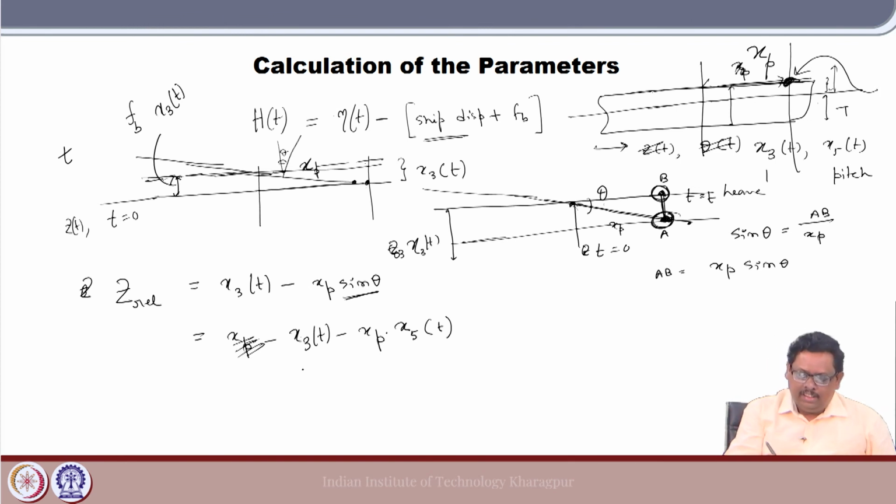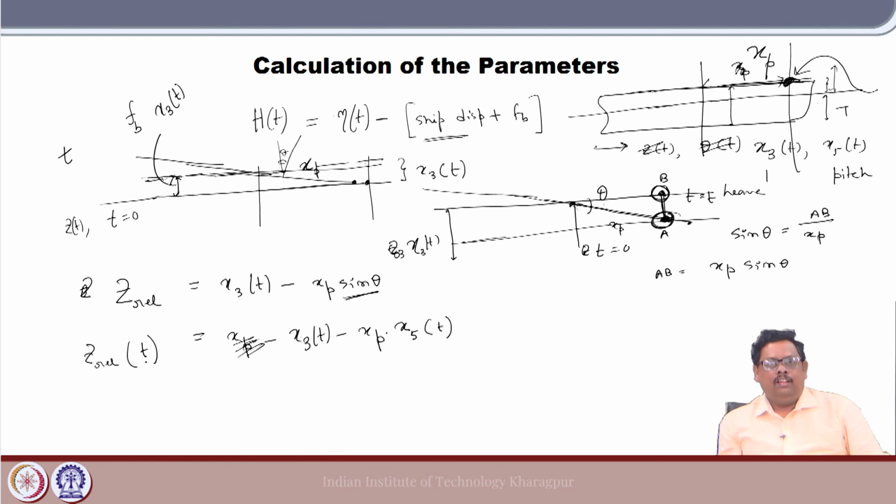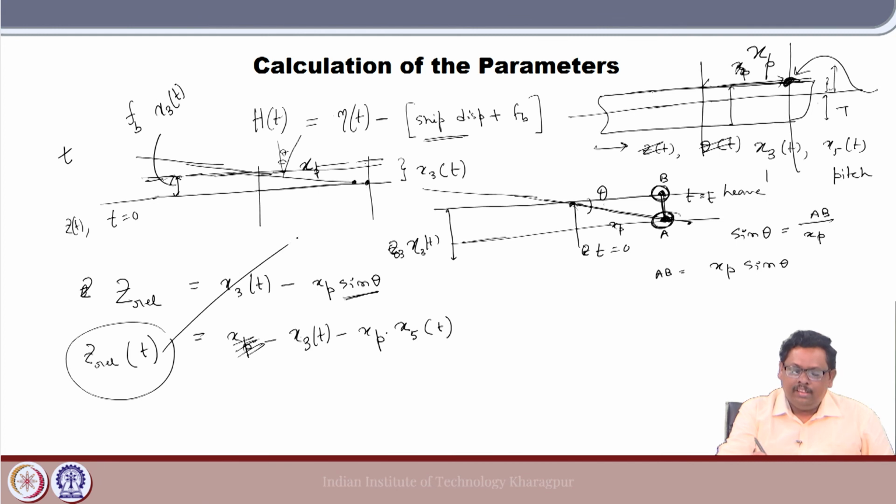Now, this is my z relative at any point of time t. So, this is nothing but my ship displacement, clear. That is how I get the displacement of the vessel, and that must be added to the freeboard, right.